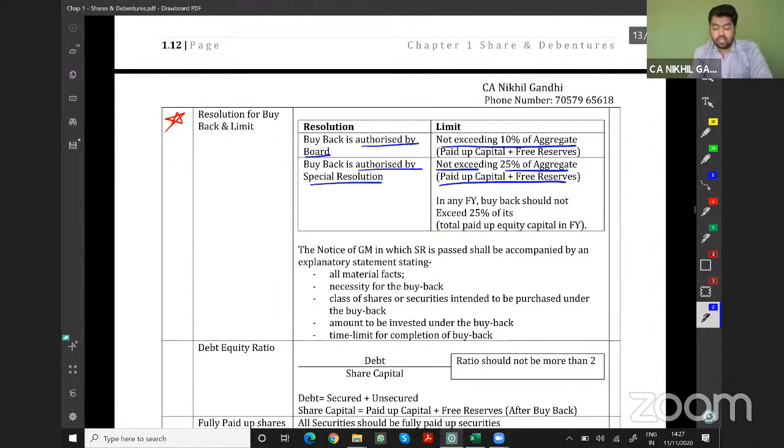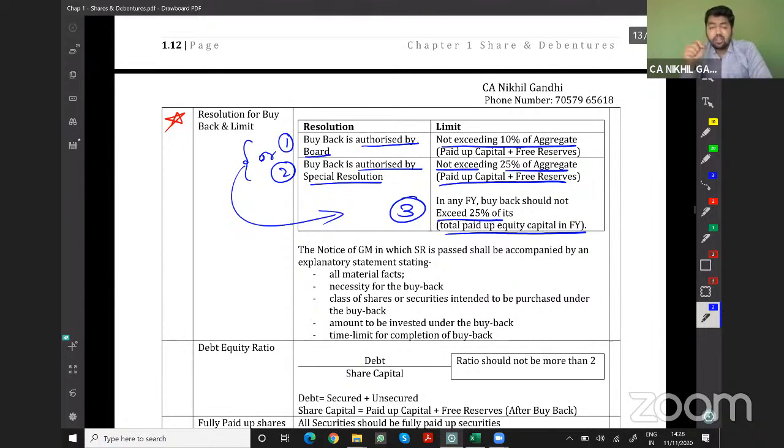This is the first and second condition, either one or two. Apart from these two, the third condition is that in any financial year, buyback should not exceed 25% of its total paid up equity capital in that financial year.